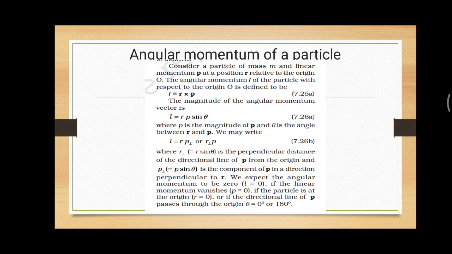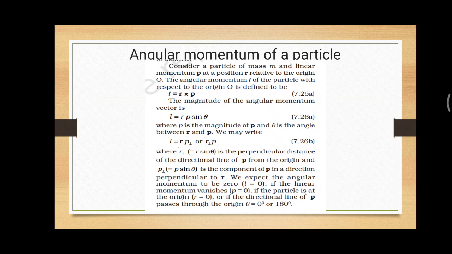So here also L can be 0 either if p is 0 or r is 0, or the theta value. Theta can be 0 or 180. In both cases the value of L will be 0. The angular momentum will be 0 either if r is 0, p is 0, or else the theta value is 0 or 180.